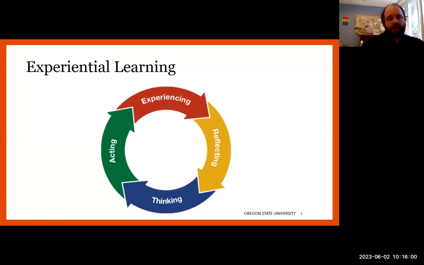So having some practical experiences that you can apply and reflect through. You do the experience, have some components of reflection, think about that experience, conceptualize and make meaning of it, and then act on and apply it in real life situations, and go through that same cycle.